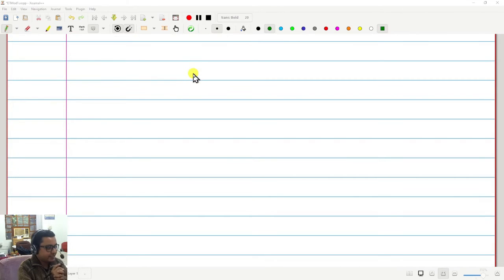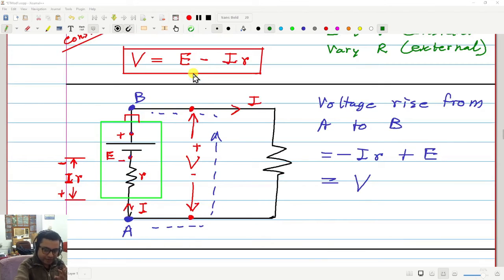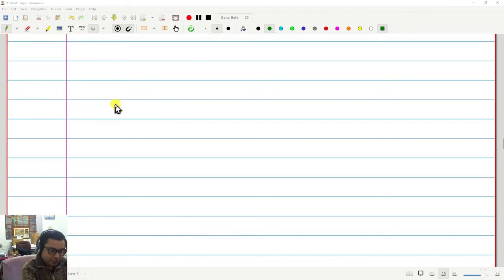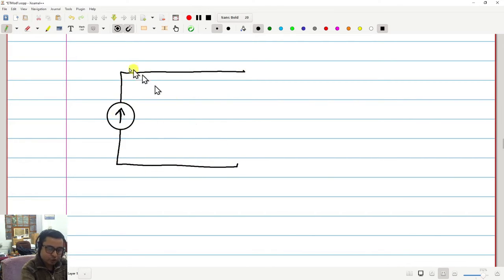So far we have seen that for a practical battery, if we are drawing current, then the voltage gradually falls down. That's what happens practically. Now let's think of a current source. We said that the current that flows through a current source is always constant. But for a practical current source, that may not happen.